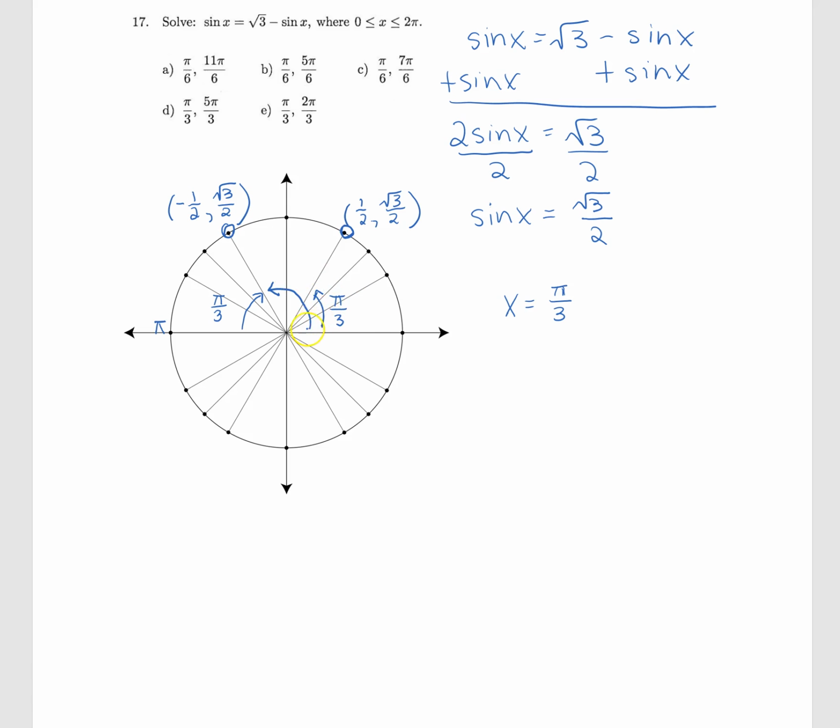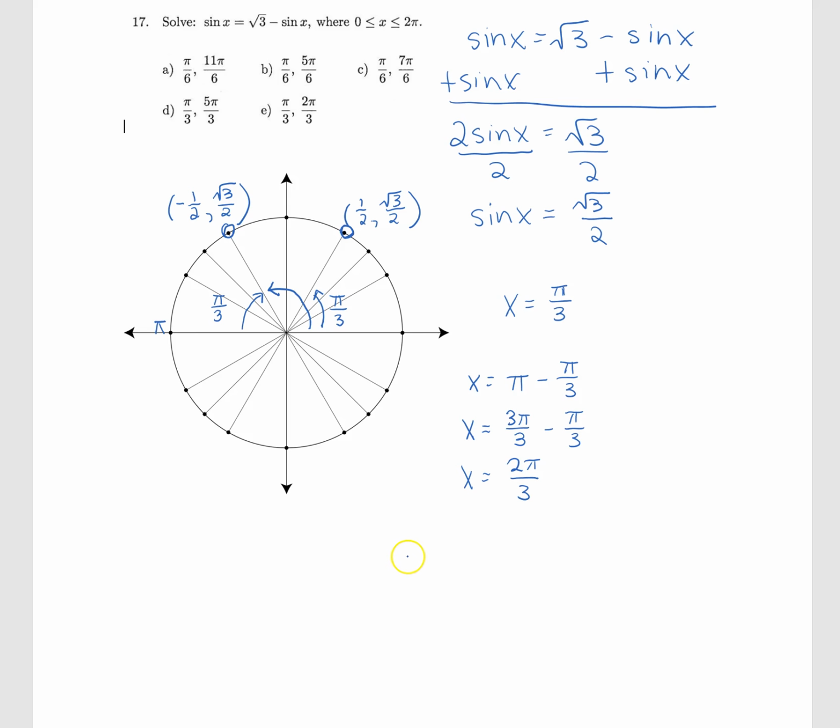So to figure out what this angle is, which is another answer for x, we can say that x is equal to pi minus pi over 3, because we're subtracting this pi over 3 to find out this angle. So if we do that, change pi to 3 pi over 3, subtract pi over 3, we get 3 pi minus 1 pi is 2 pi over 3.